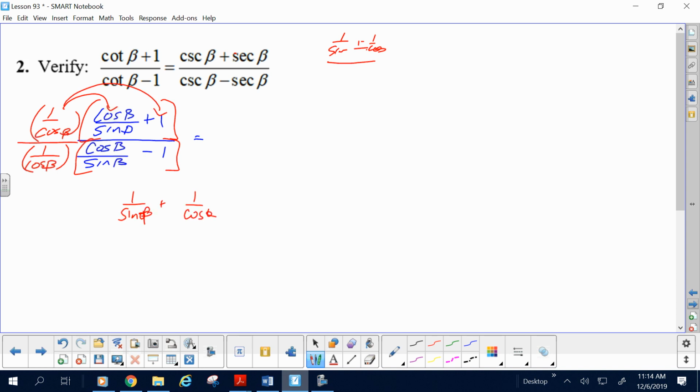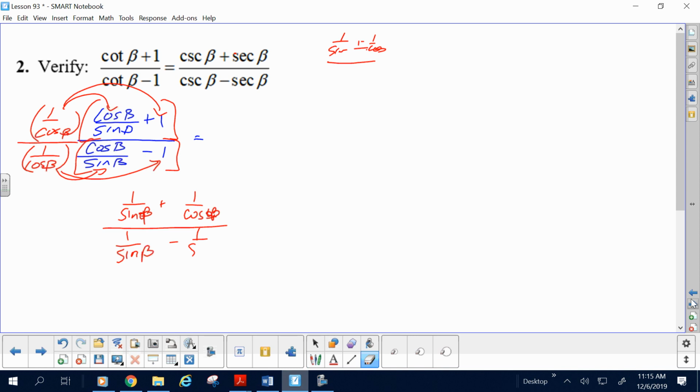These are betas. And in the denominator, again, you're distributing. So, 1 over sine minus 1 over cosine. Can we do that in one step, please? Yeah, it's just distributing, so it's fine. Oh, we distributed top and bottom. Yeah, but it's the same thing. We're doing the same thing, so yeah, it's fine.